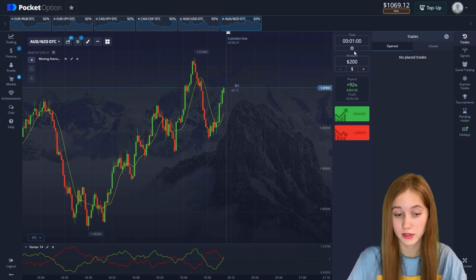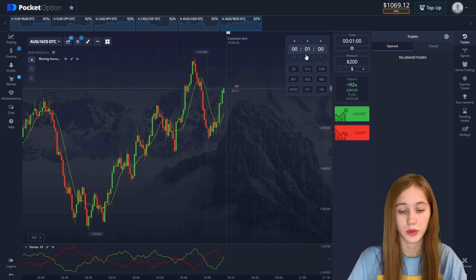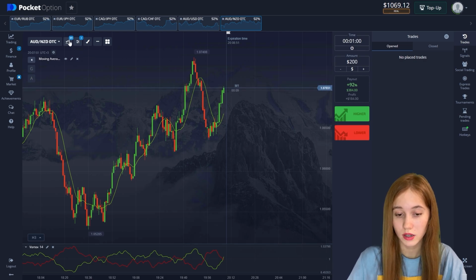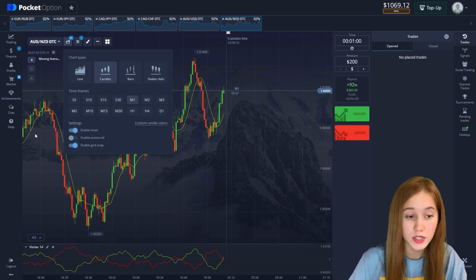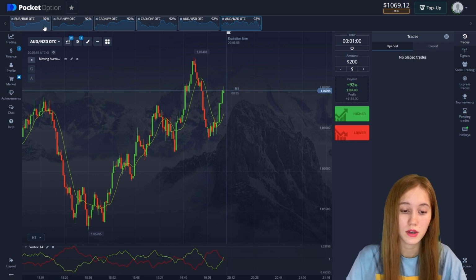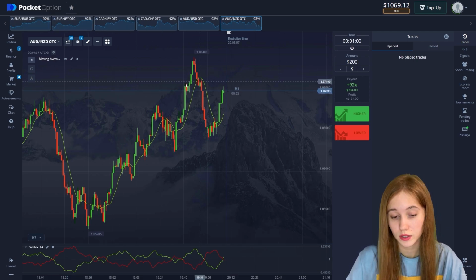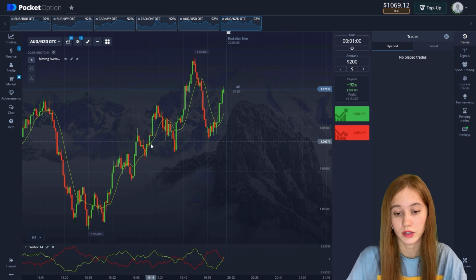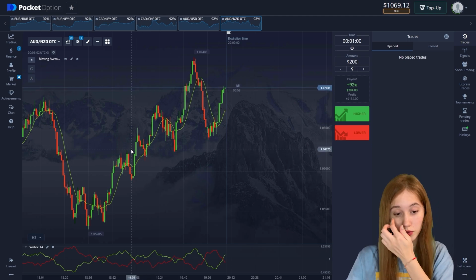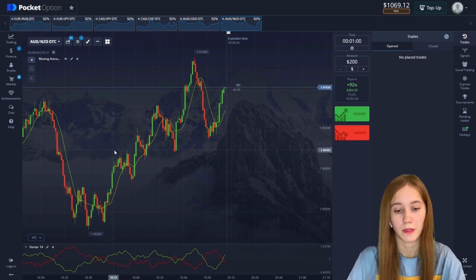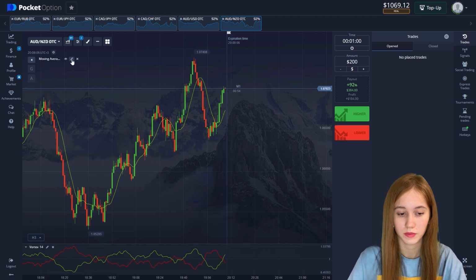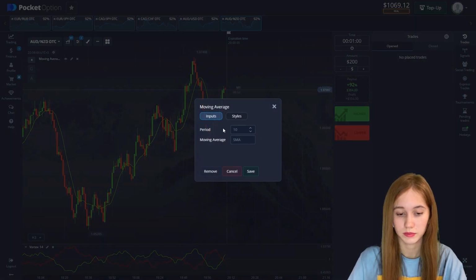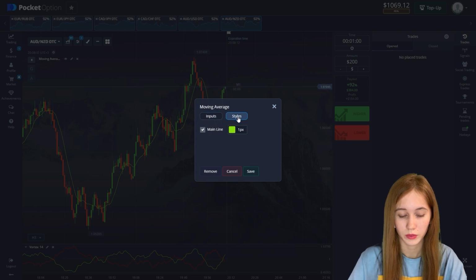Our 1 minute time frame, we used currency pairs. We had percentages more than 70%. It's very important. Next, we use technical analysis for general analysis and 2 indicators: moving average, the settings, then copy it, and Quotex.